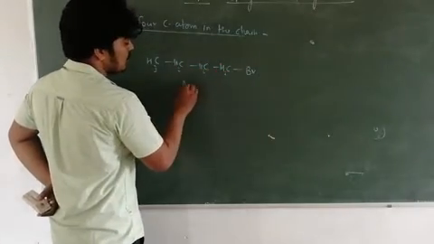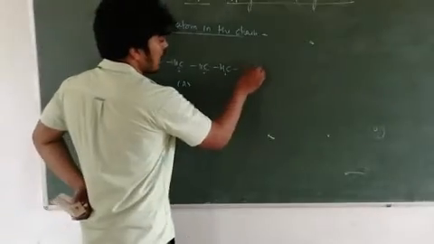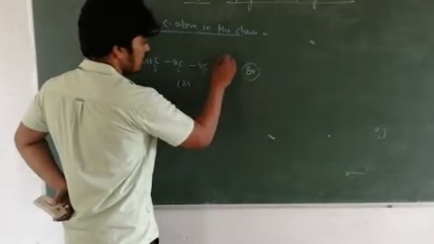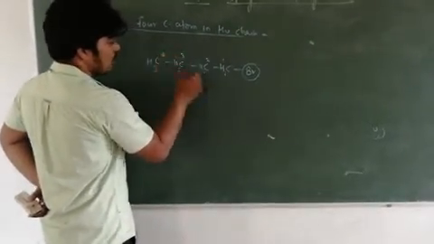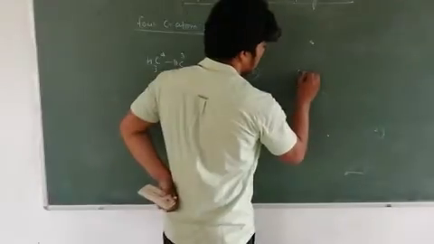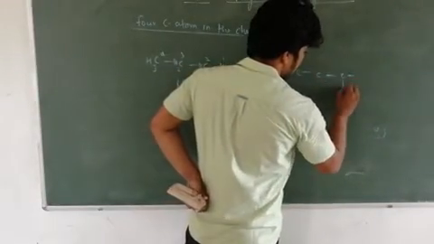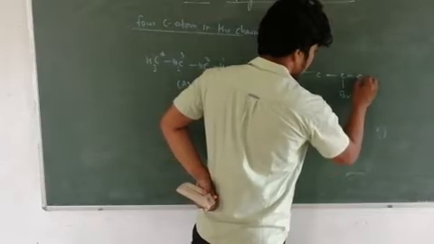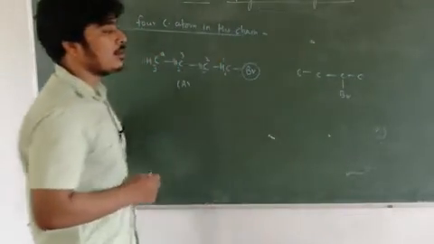This is the first one. Suppose I replace bromine on the second carbon. So this is the case when halogen is present on the second carbon.